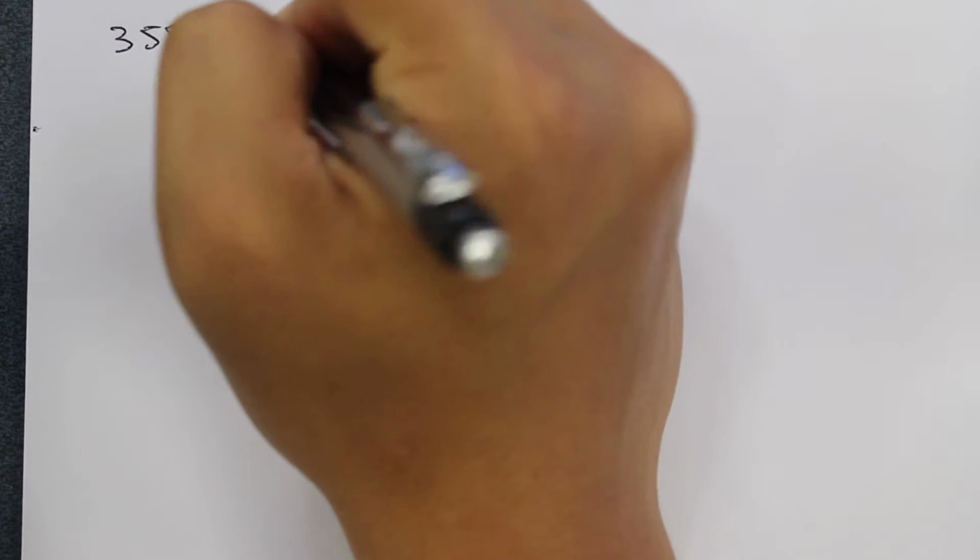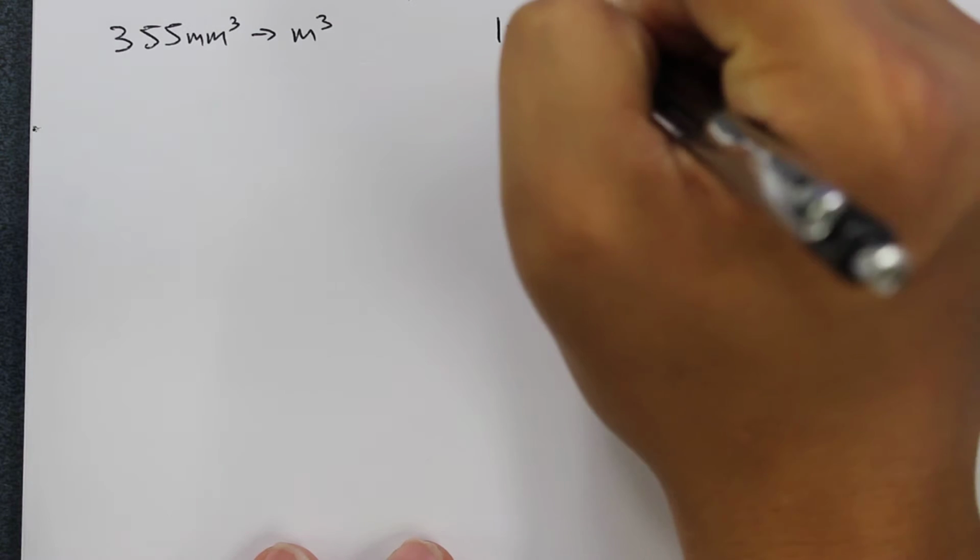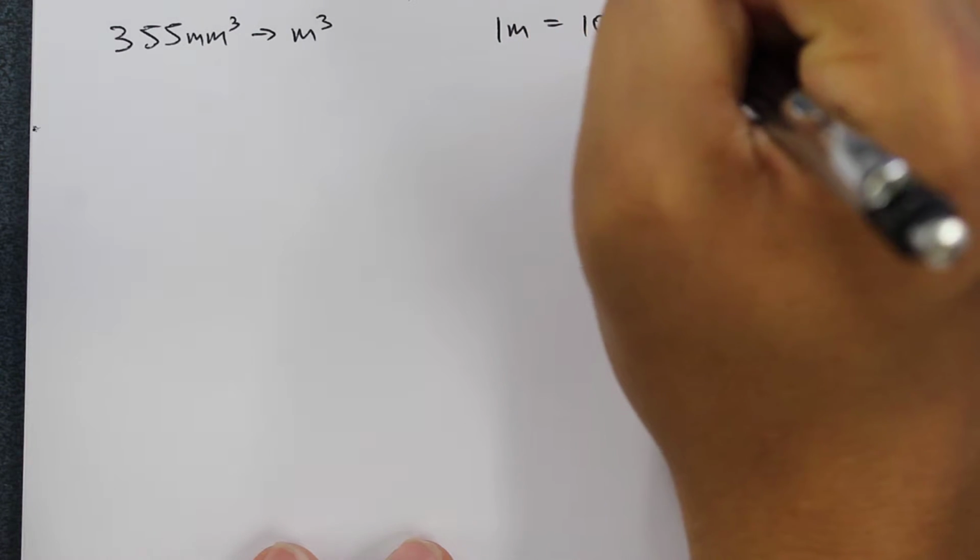The first question was express 355 millimeters cubed in the meter cubed unit. So the first thing that we need to know here is that in 1 meter there is 1,000 millimeters.